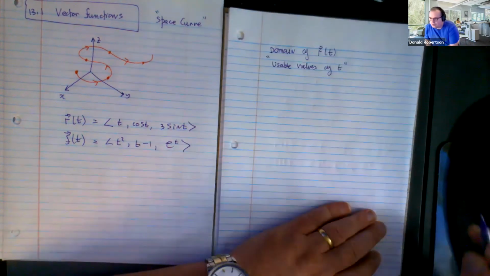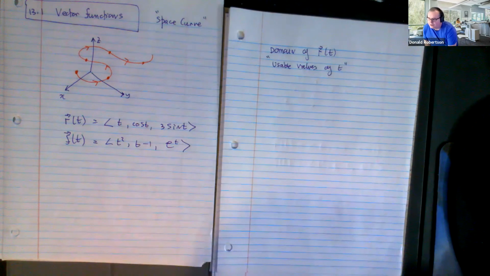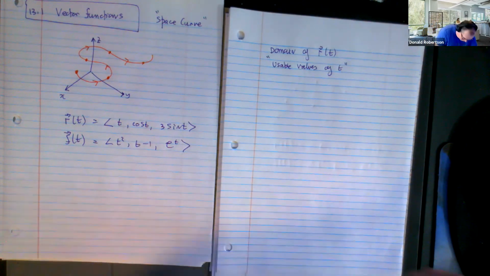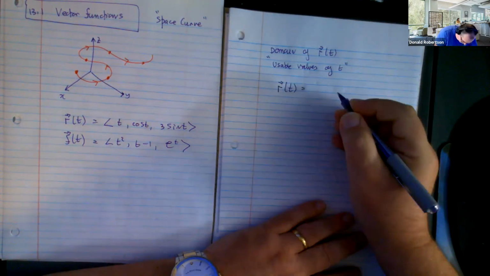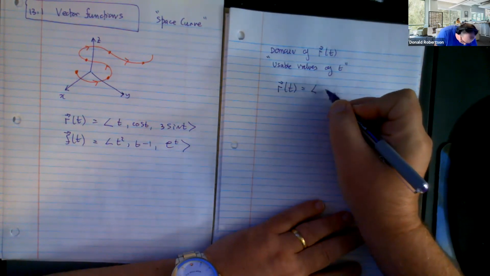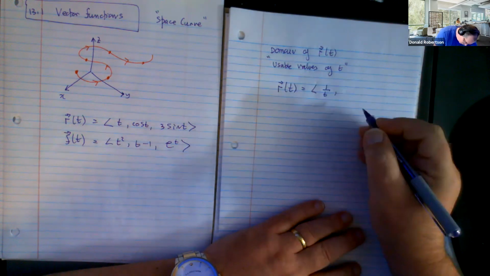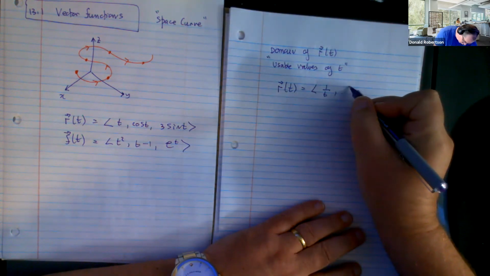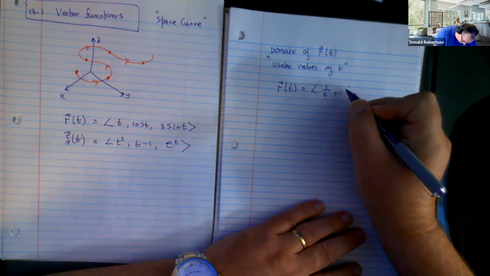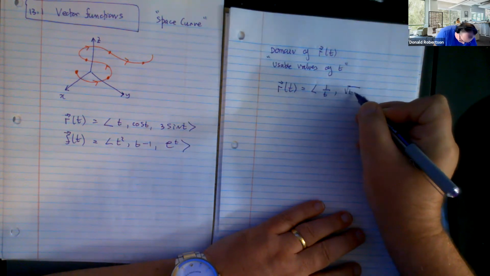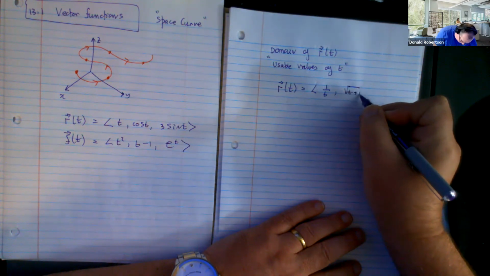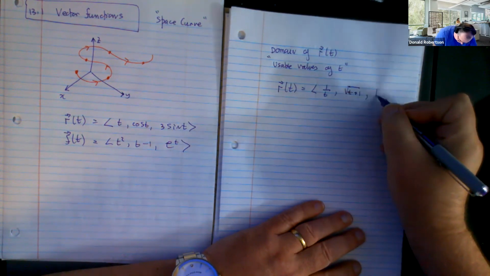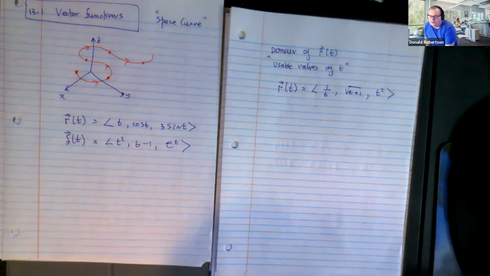Isn't the domain the usable values of x, right, in 141? So suppose I have a space curve and it's 1 over t, square root of t plus 1 and t squared. And I asked you to tell me what the domain of this space curve is.